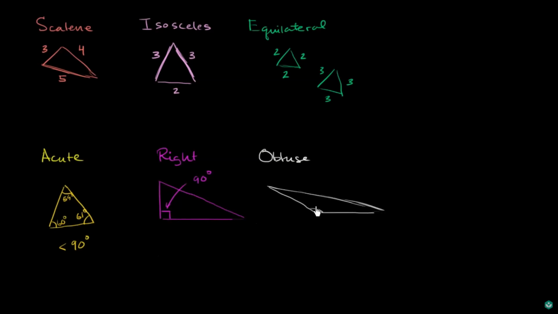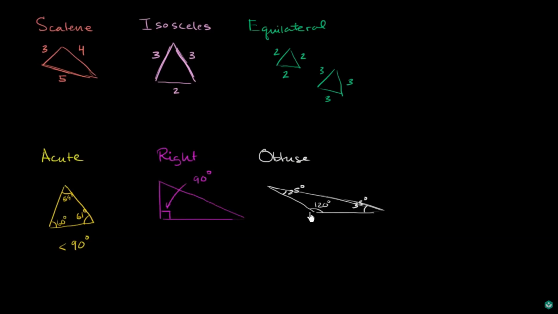Maybe this is 120 degrees, and then let me make sure that this would make sense. Maybe this is 25 degrees, and maybe that is 35 degrees. Notice they still add up to 180, or at least they should. 25 plus 35 is 60, plus 120 is 180 degrees.